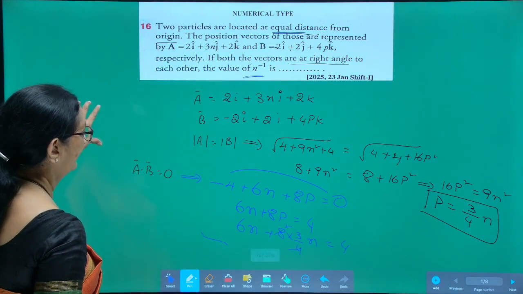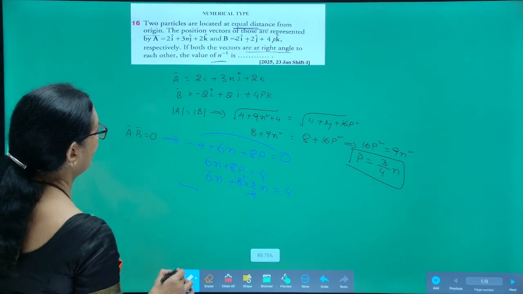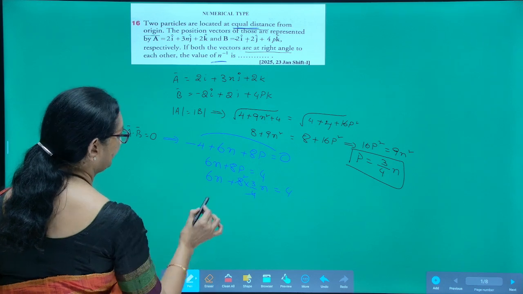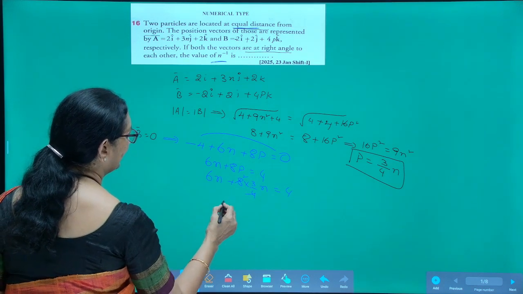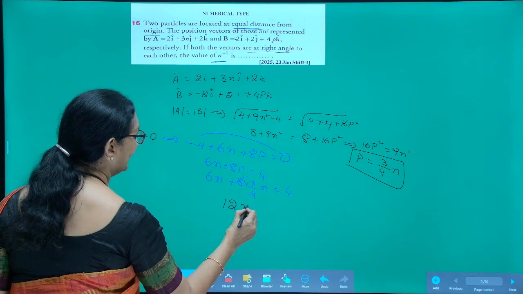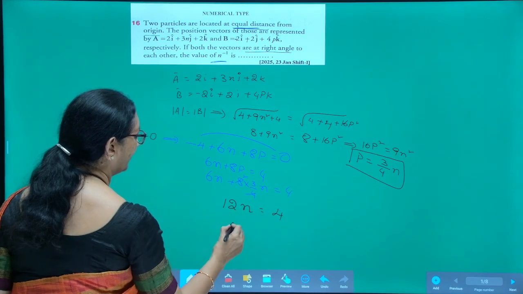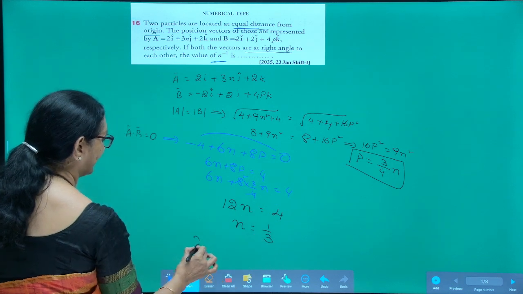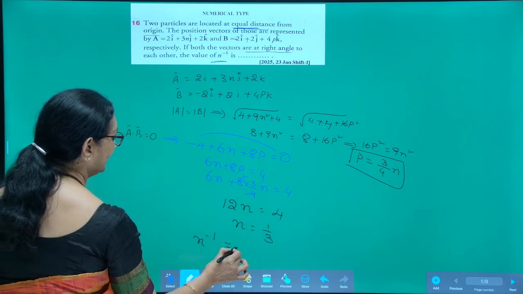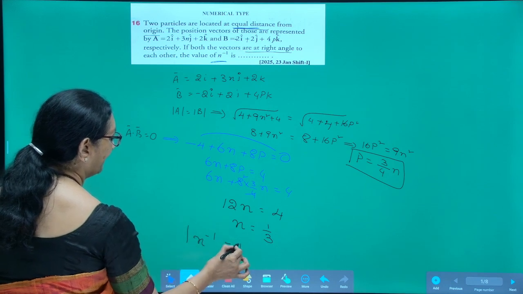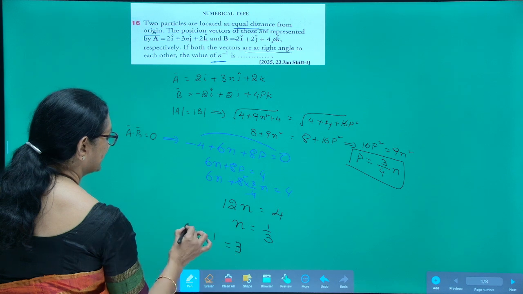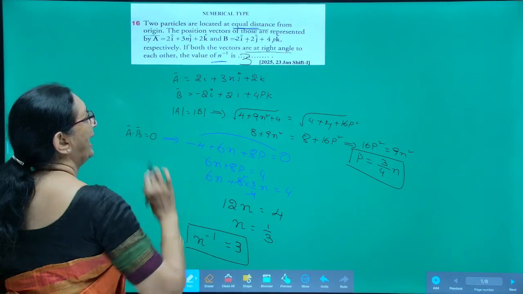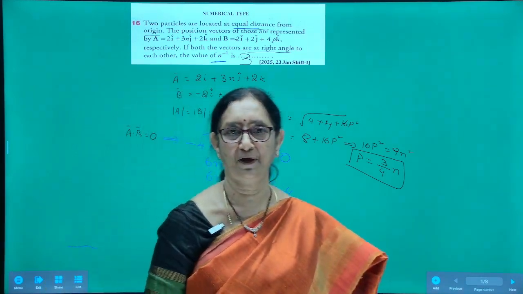So from this it is 6n plus 6n, that is 12n is equal to 4. n is equal to 4 by 12, that is 1 by 3. Here n to the power of minus 1 is asked. This is equal to 3. So, the answer is 3 for that problem.